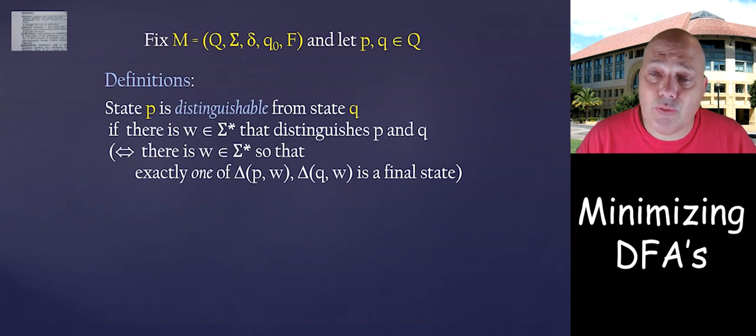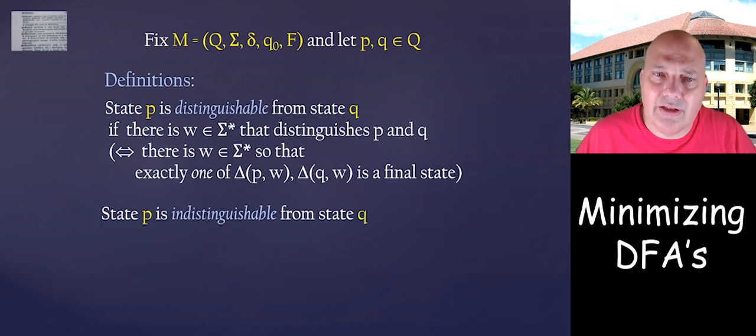One is accept and one is reject. And this would mean that these two states have a different function. You cannot merge them like we did in the example in the beginning.